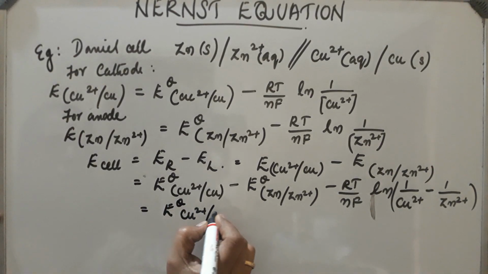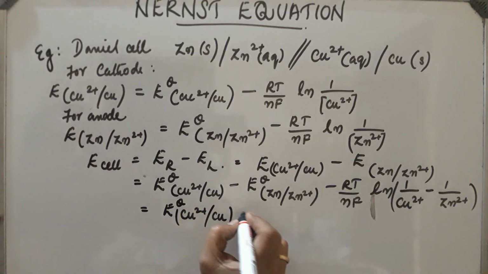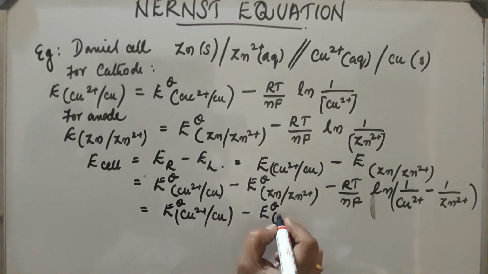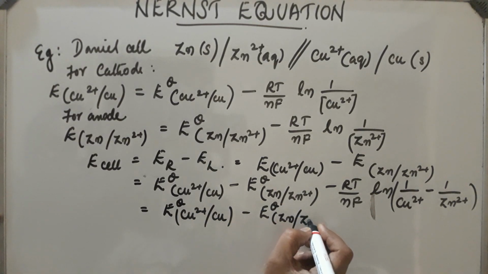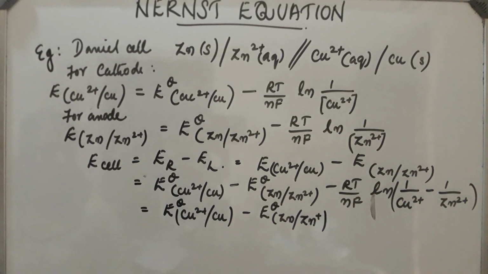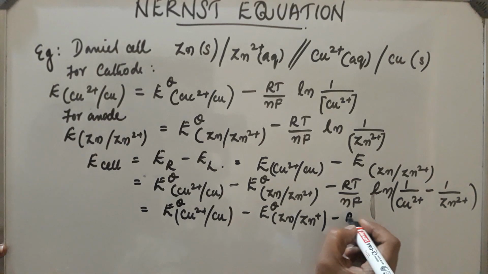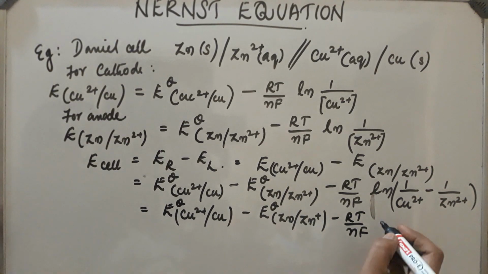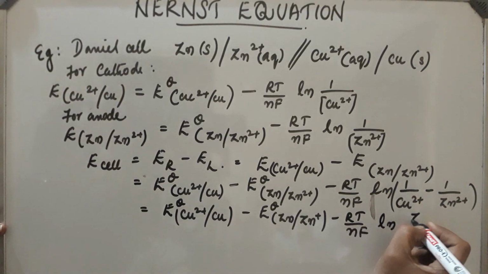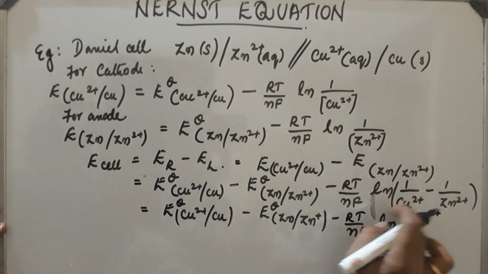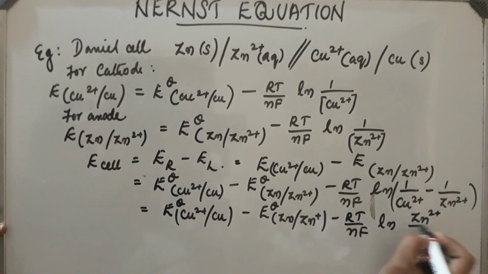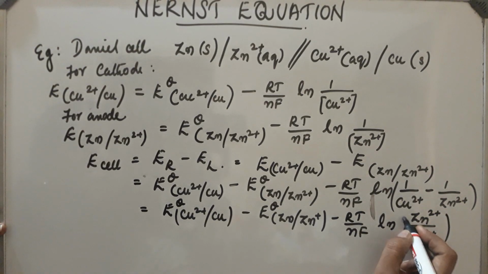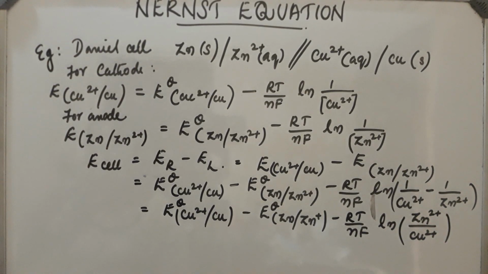It is the difference of the standard electrode potentials of copper and zinc, minus RT by nF ln, zinc, this minus this, so Zn will be in the numerator, by Cu2+.